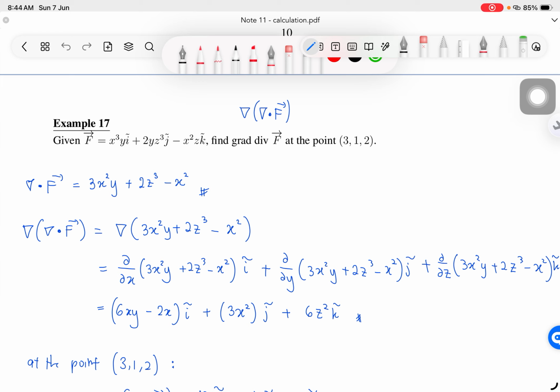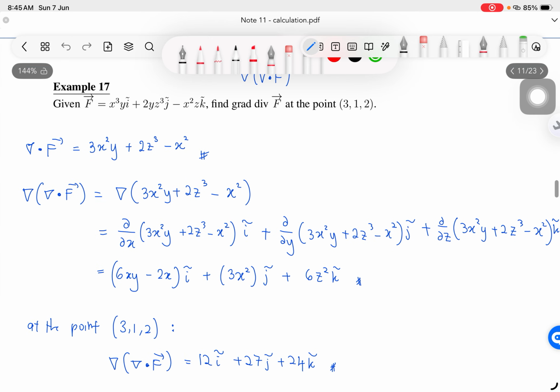So this is your divergent F, and then for del, you need to differentiate with respect to x for I, with respect to y for J, and with respect to z for K. Then you obtain this answer, and you need to substitute the point inside this one.